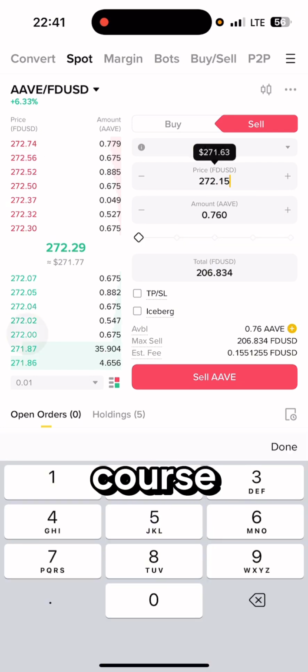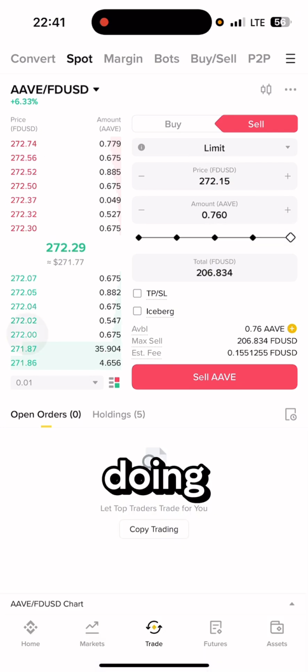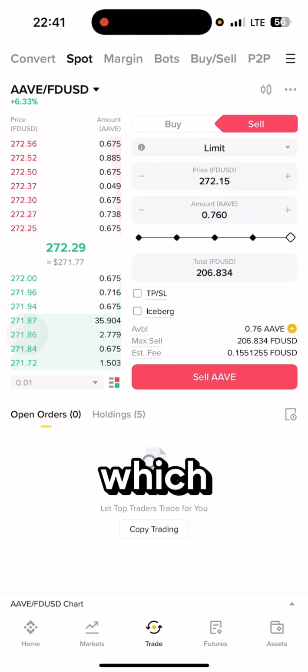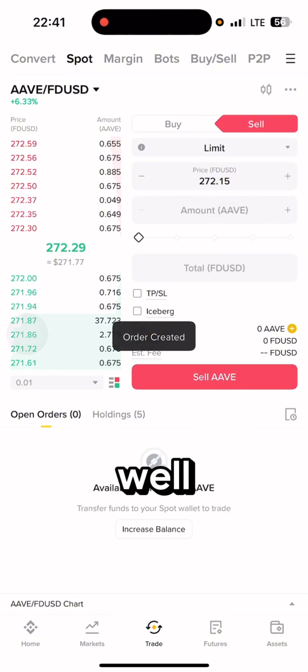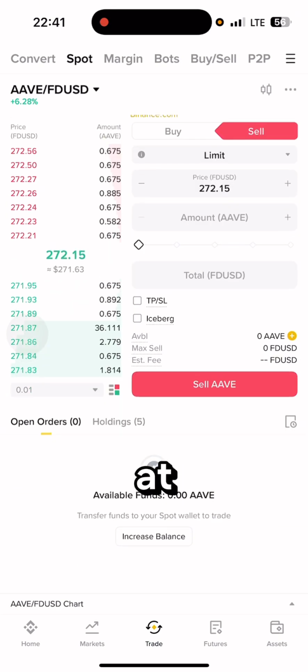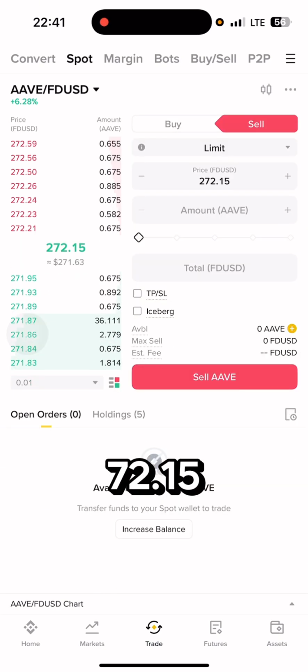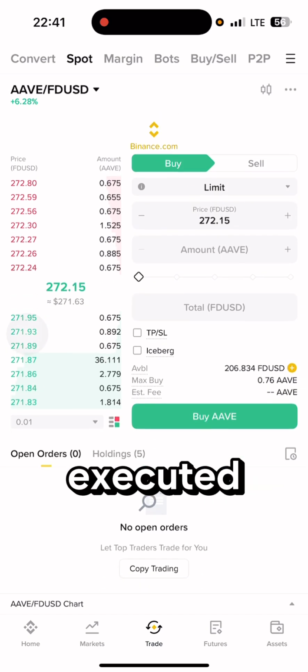I think during the course of doing this trade, there was a little increase, which is to our advantage as well. So we placed that sell limit order at 272.15, and it was successfully executed.